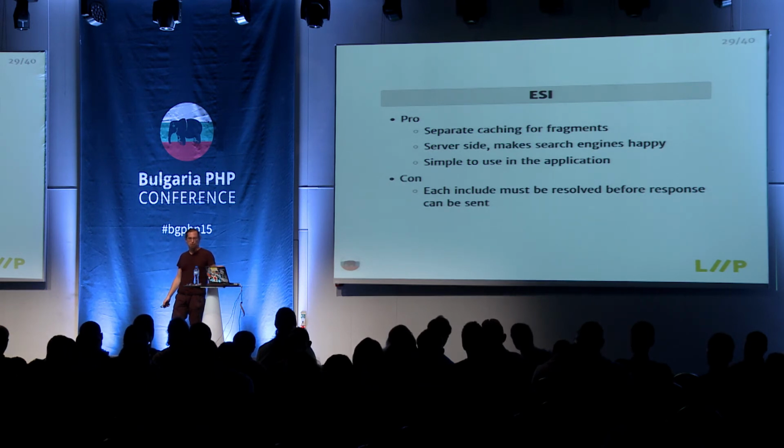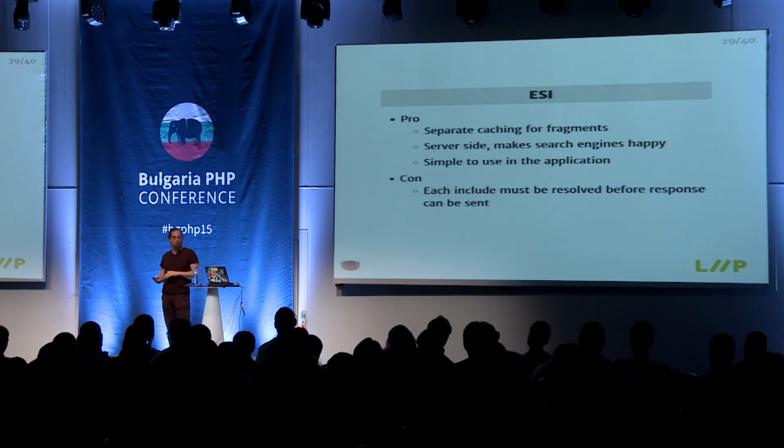The major drawback with it is that Varnish will have to resolve all of these ESI before it can send the response. Now, if you say, oh, I have this e-commerce maybe with a list of 50 products, so I just do an ESI for every product because they can be in different lists, in different orders.